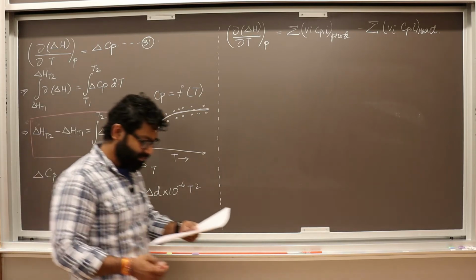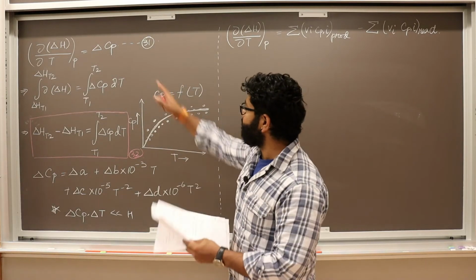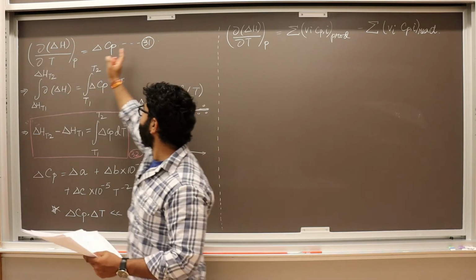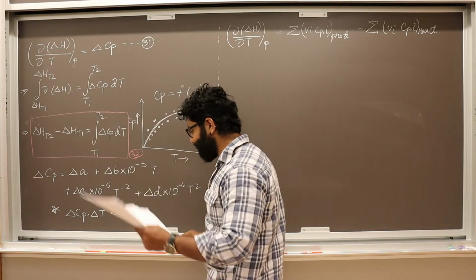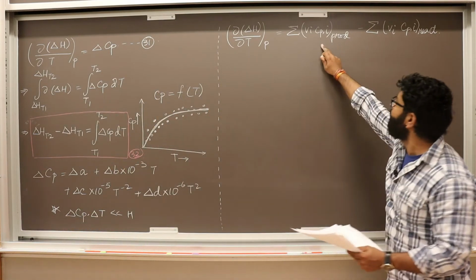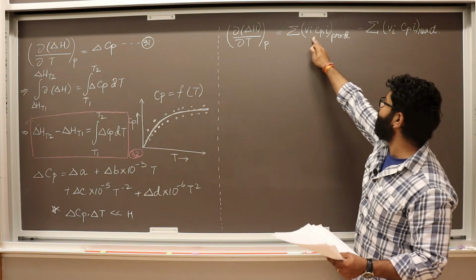Now, similar to what we did here, where we took the dT towards the other side and integrated, we can do the same thing when we have the equation opened up in terms of this Vi Cpi.